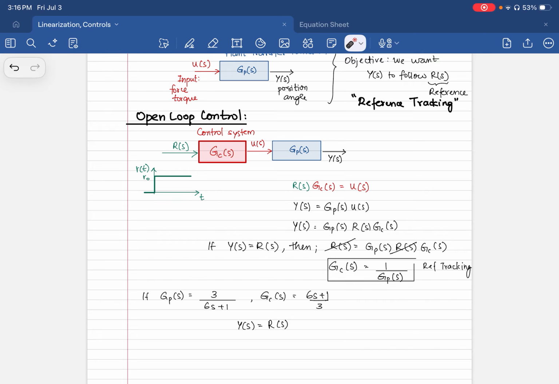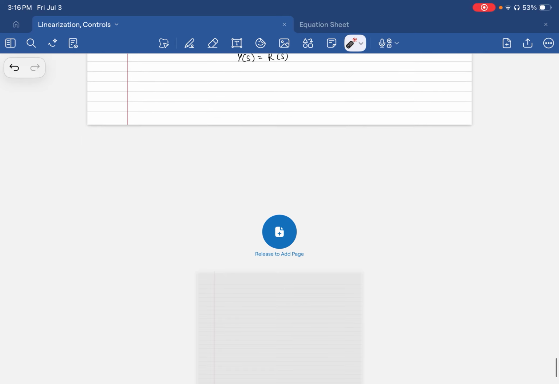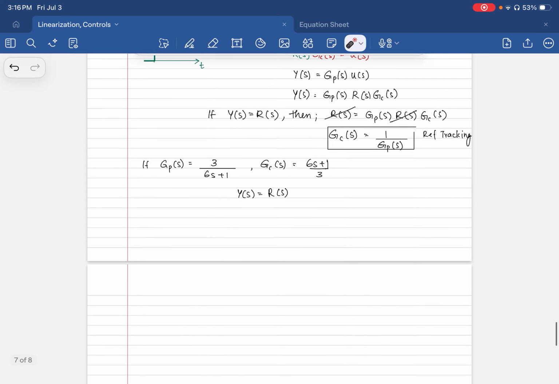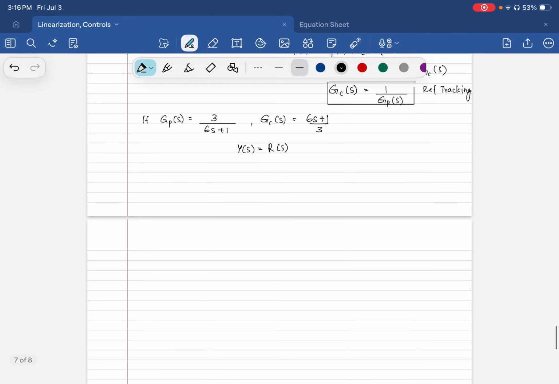So we have our reference signal. This here is the target. We have the output of the system, that is Y of s. And we then have a sensor that's picking up that output.